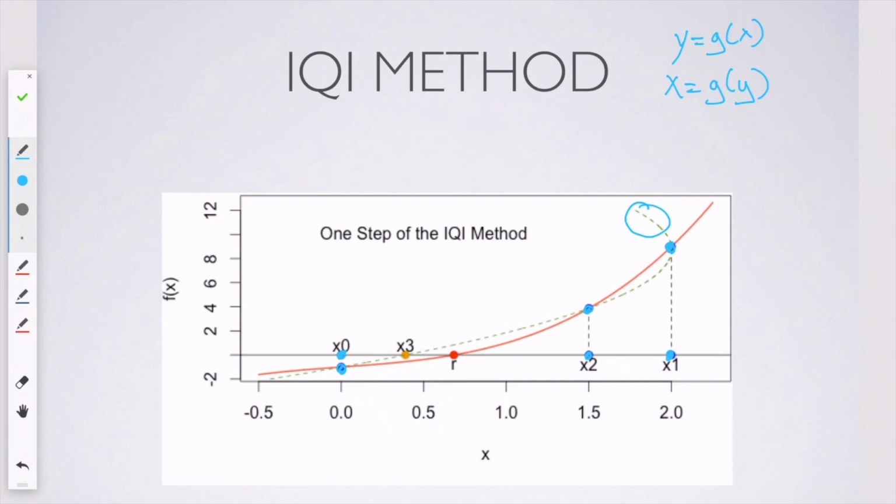You find where that sideways parabola passes through 0, it's here at x3, and then you would repeat this. Instead of using x0, x1, x2, you'd use x1, x2, and x3 and draw another sideways parabola. And if this algorithm converges, it's also superlinear, a little bit faster than the secant method. You get Q around 1.84.